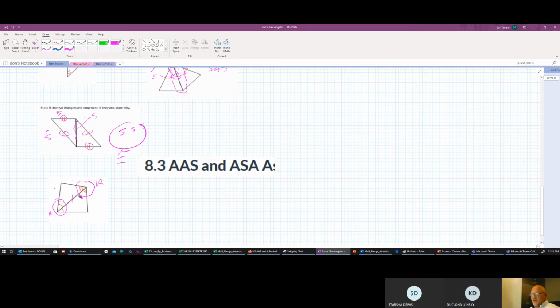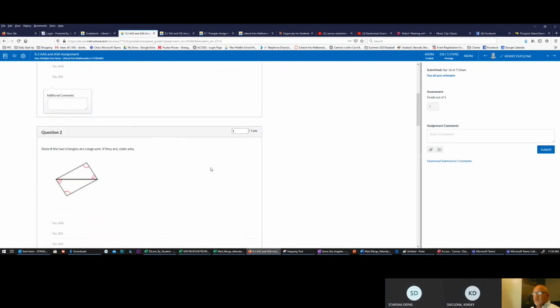Good. So we've got an angle, a side, an angle. We've got two different postulates, or theorems, right? So it's angle, side, angle. Boom, boom, boom. Make sense?